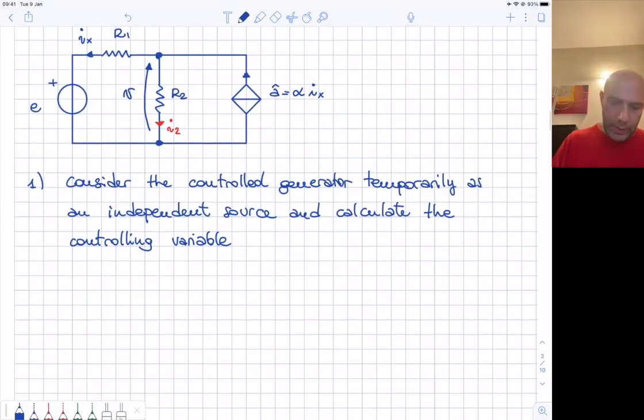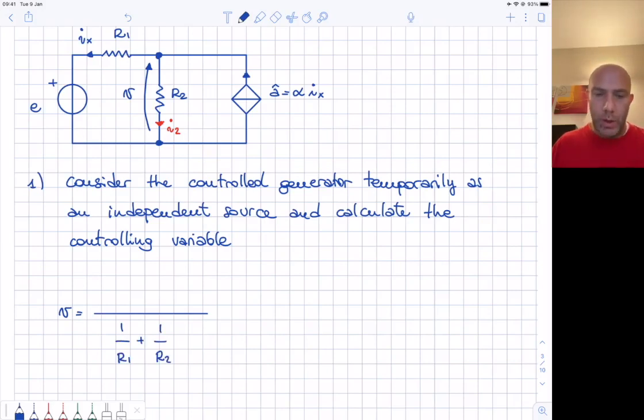The voltage V applying Millman's theorem is a fraction, where the denominator is made by 1 over R1 plus 1 over R2. At the numerator we have two terms, one for each generator, E over R1 for the voltage generator, plus A hat for the current generator.